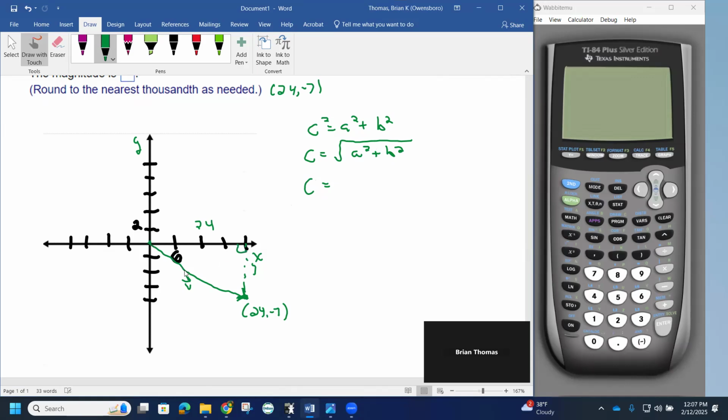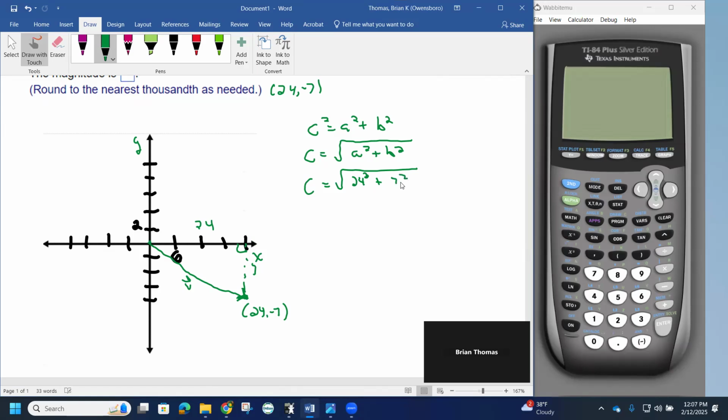The hypotenuse is the same thing as the length of the vector, which is also called its magnitude. So I could use the Pythagorean theorem to solve for the length of the vector. A and B are the lengths of the legs. One leg would be 24, so that's 24 squared, and the other length would be 7, so it's 7 squared.